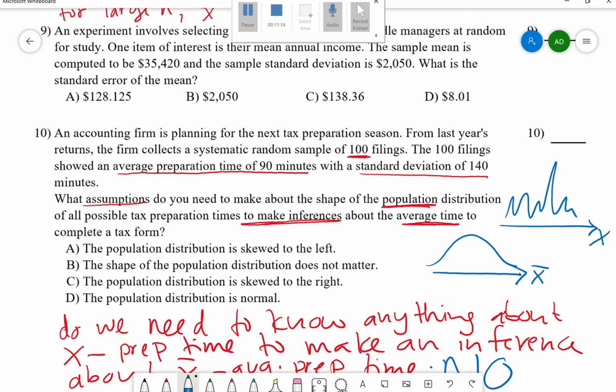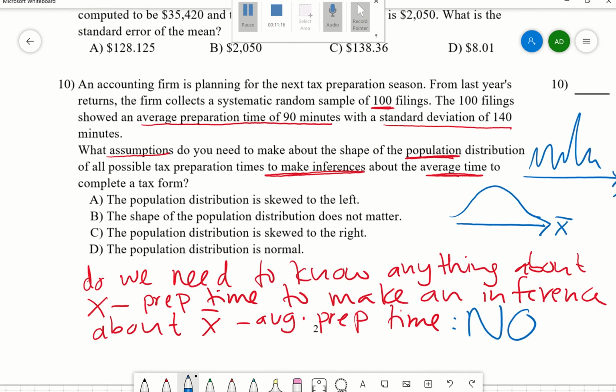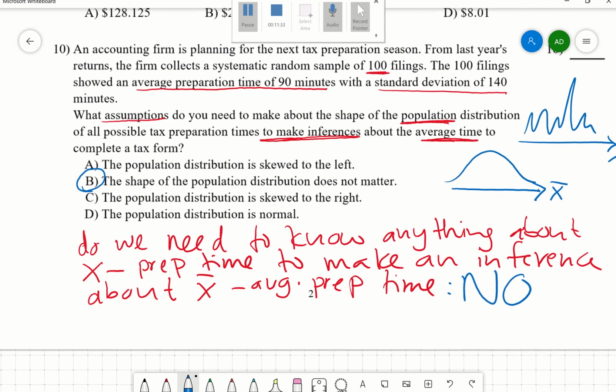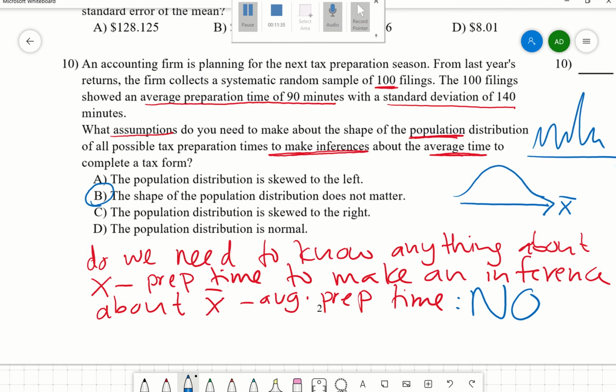That's what the central limit theorem says. So no, you don't have to know anything about the population distribution to talk about the distribution of the sample mean. So it can be anything. The shape of the population distribution does not matter. Okay, right.